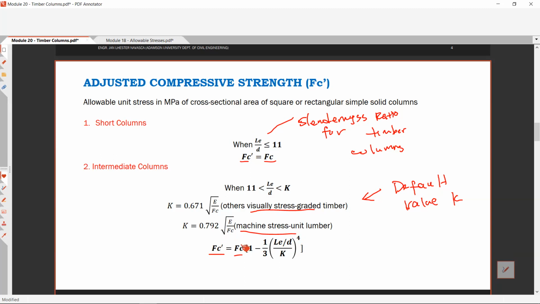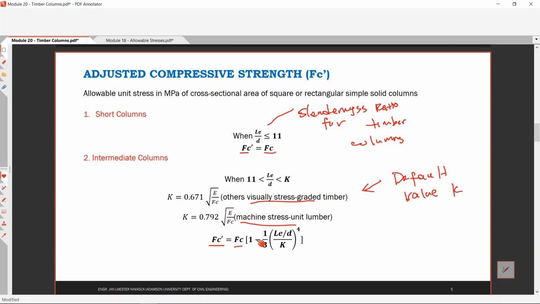Again, FC prime is equal to FC multiplied by the quantity 1 minus 1/3 multiplied by LE over D over K, raised to 4. Okay, so that is your adjusted compressive strength capacity of intermediate columns.